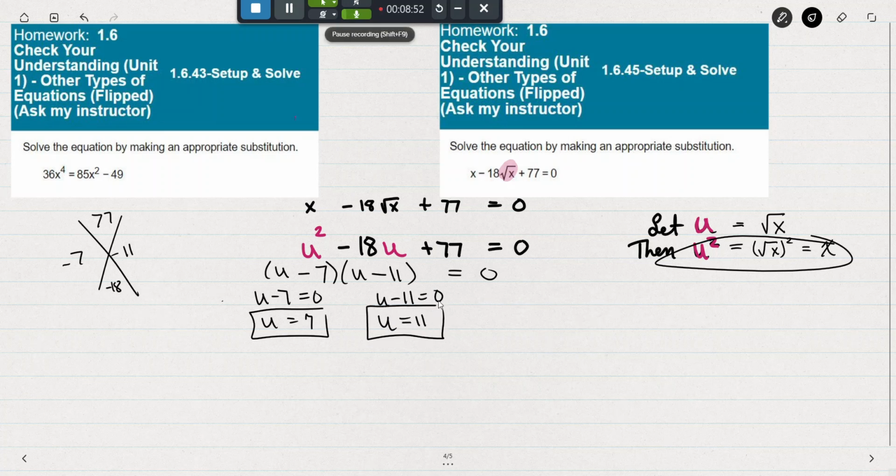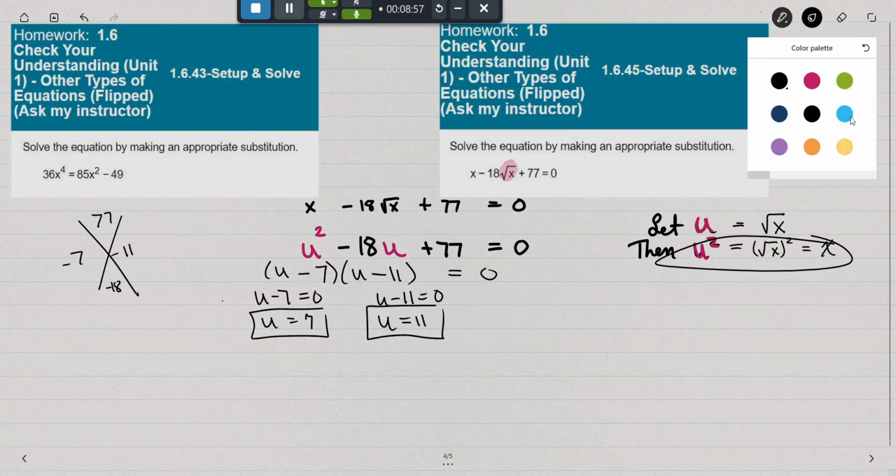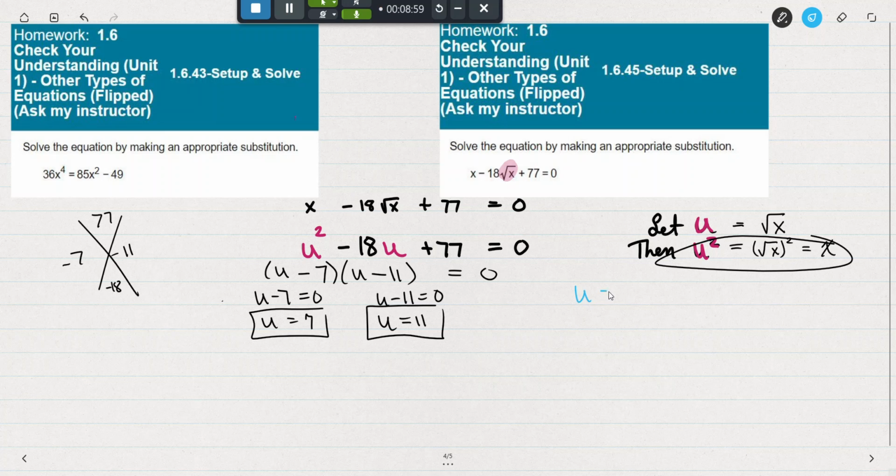But I'm not done yet. And then using the back substitution, if u is the square root of x and u is 7, then 7 is the square root of x. I can solve for x by squaring both sides.